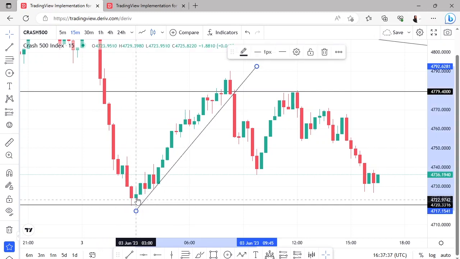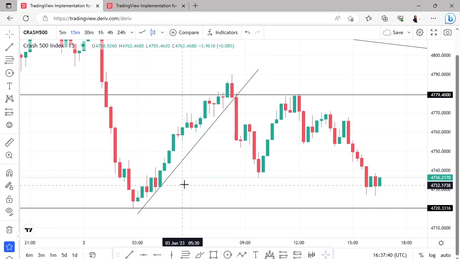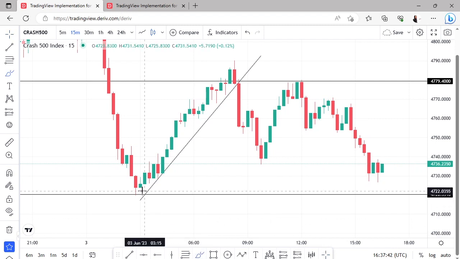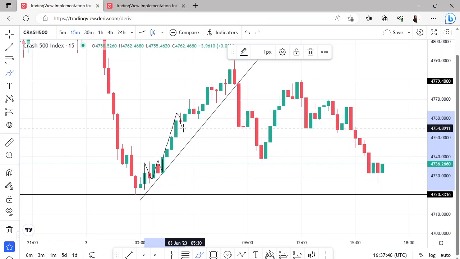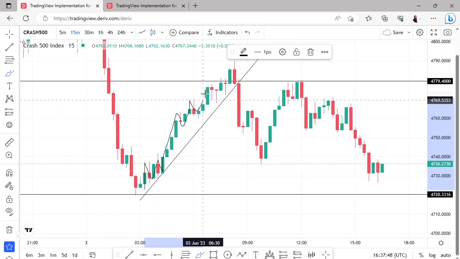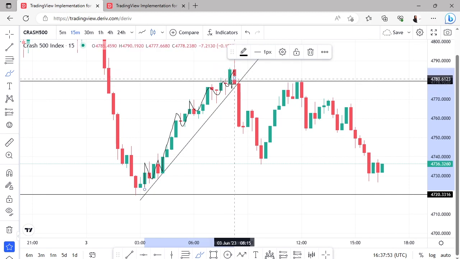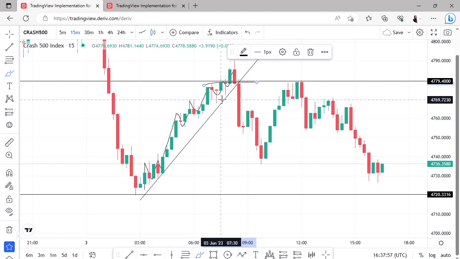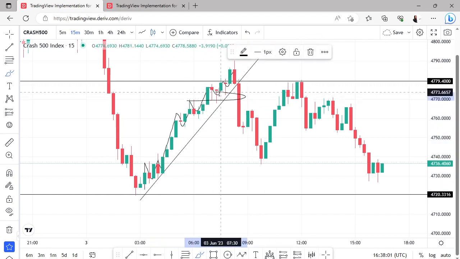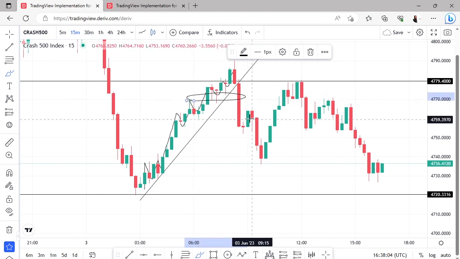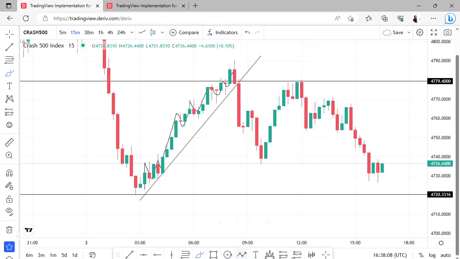Giving us a higher high, higher low, higher high, higher low, repeatedly, until it broke what? Our higher low over there, or you can also use this one, since it's very clear, and it also broke our trend line. That's when you can execute your trade.